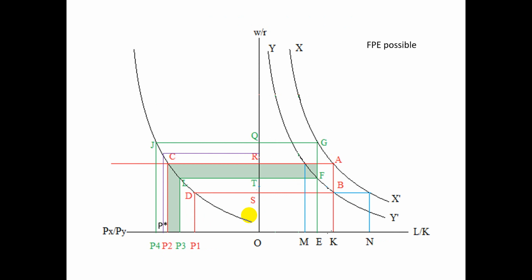In this context also, the Heckscher-Ohlin theorem may also be true, both on the basis of the factor abundance definition and the price definition. So, the labor abundant country is country A and B is relatively more capital abundant. So, we can very well show that Px by Py in country A may be less than Px by Py in country B. So that Px by Py in country A is somewhere here and Px by Py for country B is this.